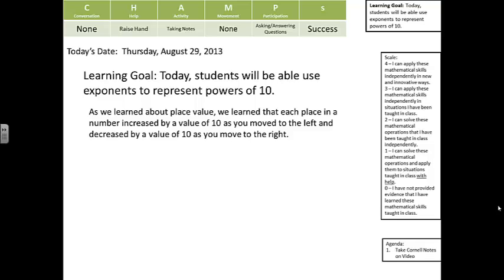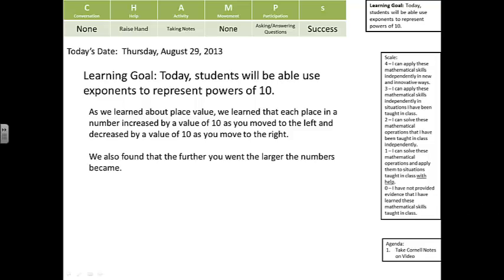The opposite is also true, so that if you go to the right, then each place value is going to be 10 times smaller, or we can also say that that is 1/10 of. So as we move to the left, we increase by 10. As we move to the right, we decrease by 10.